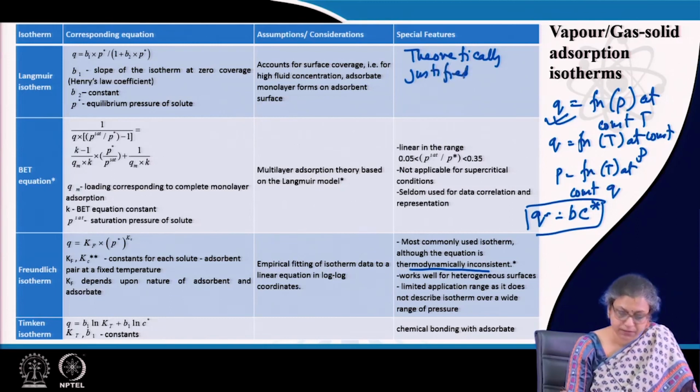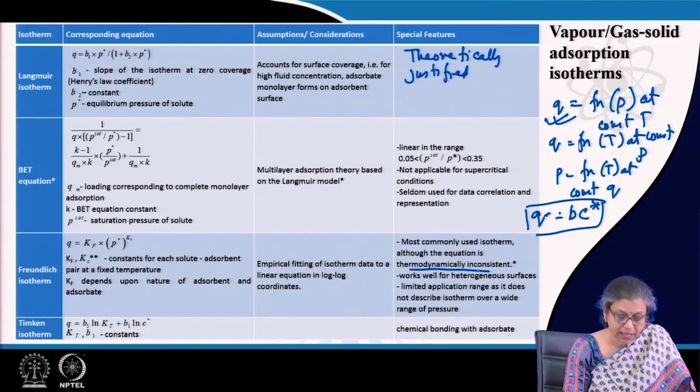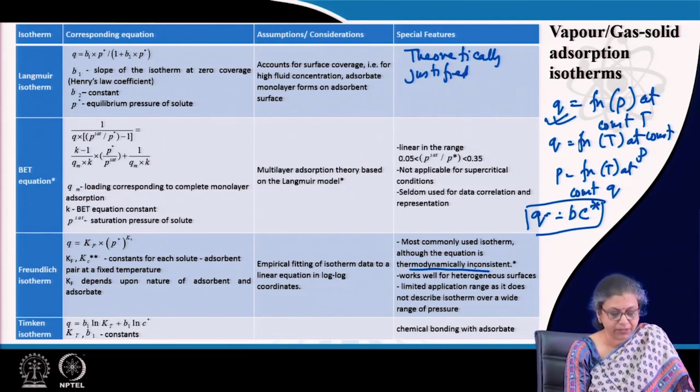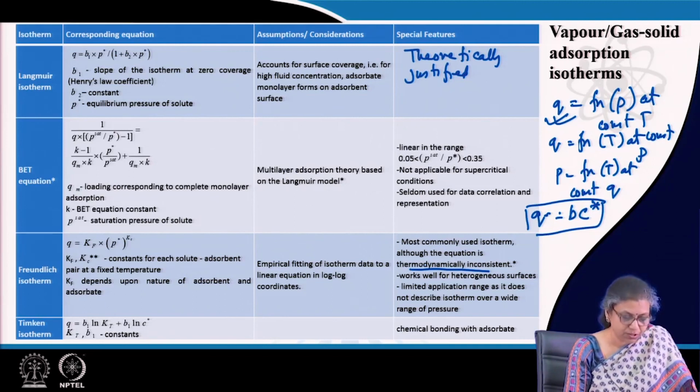Why do we call this thermodynamically inconsistent? Because it does not have a finite Henry's law constant. So it is thermodynamically inconsistent, but nevertheless the most commonly used equation.